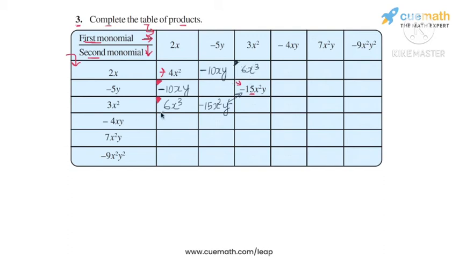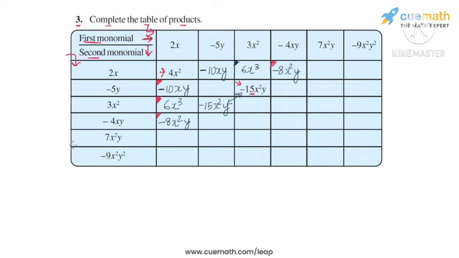Okay, now let's come to this cell here, which is 2x into minus 4xy. So this will be minus 8x square y, because 2 into minus 4 is minus 8 and x into xy is x square y. And the same product will go here also, minus 4xy into 2x. So this will be minus 8x square y.